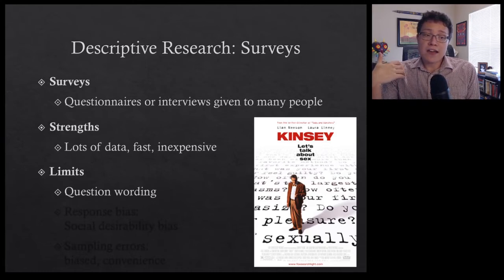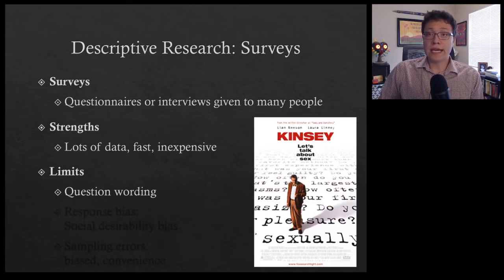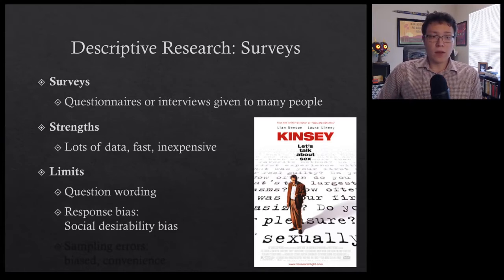If I ask you how fast the cars were going when they bumped into each other, you're probably going to choose a lower speed than if I say how fast the cars were going when they crashed or smashed into each other. So question wording is also important. We already talked a little about social desirability bias, in the sense that maybe we want to choose answers that make us look good, right?